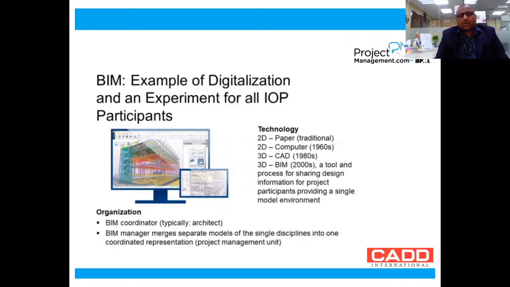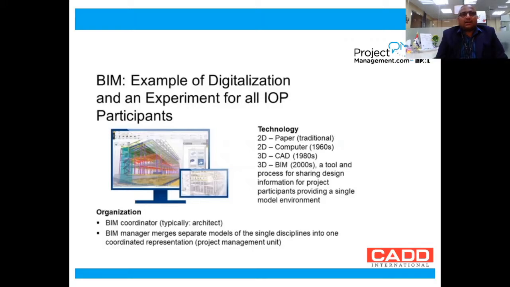The traditional method was to use paper with hand drawing, but in the early 60s computers replaced hand drawings and everything was done with CAD files. Later, moving to the 80s, 3D drawings were rising as a common factor.